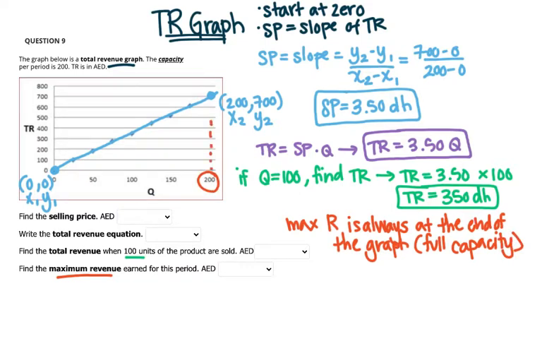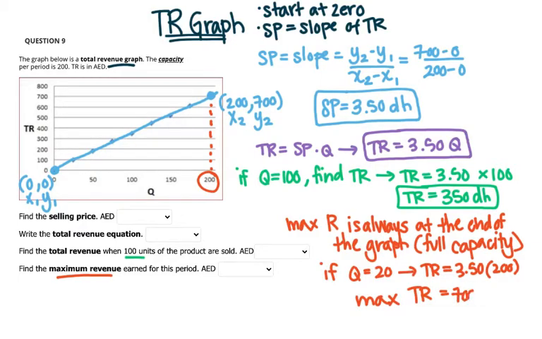So if Q equals 200, we know from the formula and from the graph, the total revenue is 3.50 times 200, and so we would get the max total revenue of 700 dirhams, which is the very top or the very right of the total revenue graph.